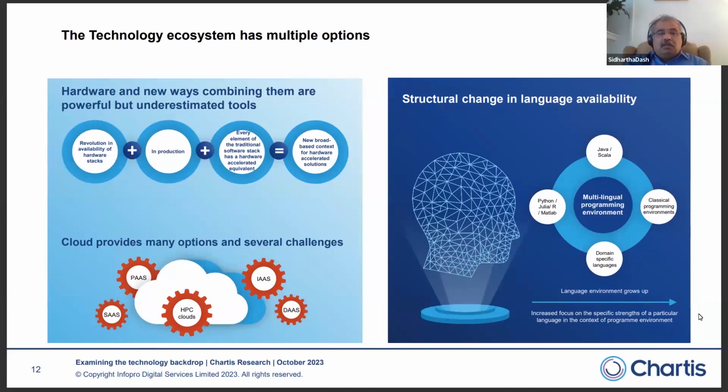As mentioned before, the technology ecosystem has many options. We examined some of the options on the hardware side, but how to combine all of this is also a broad ecosystem, and it's broader than we generally realize. The growth of the cloud architecture, which has often been synonymous with the hyperscalers and their tech stack, in our view, is a broader and more nuanced story than we often realize.